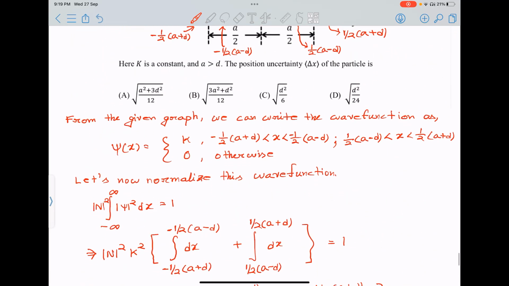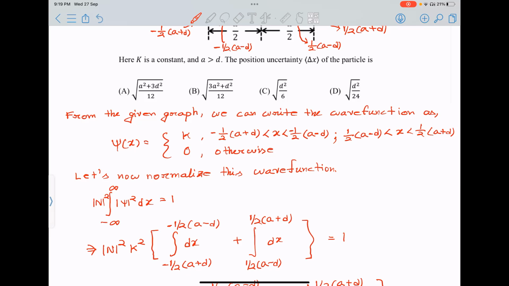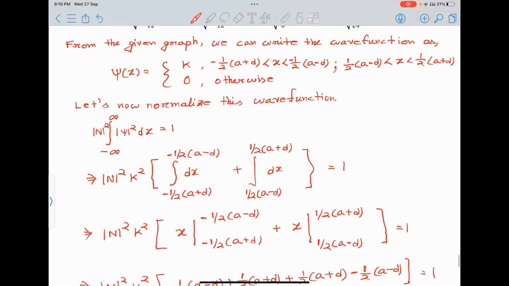Now let me go back to the question. In the question they ask the position uncertainty delta x of the particle.